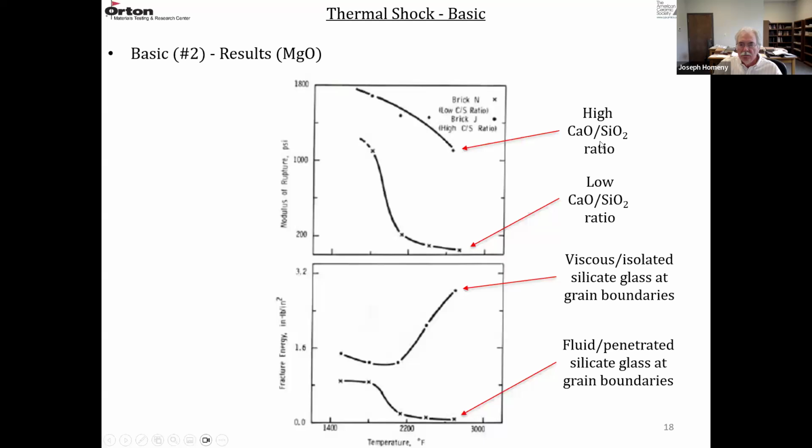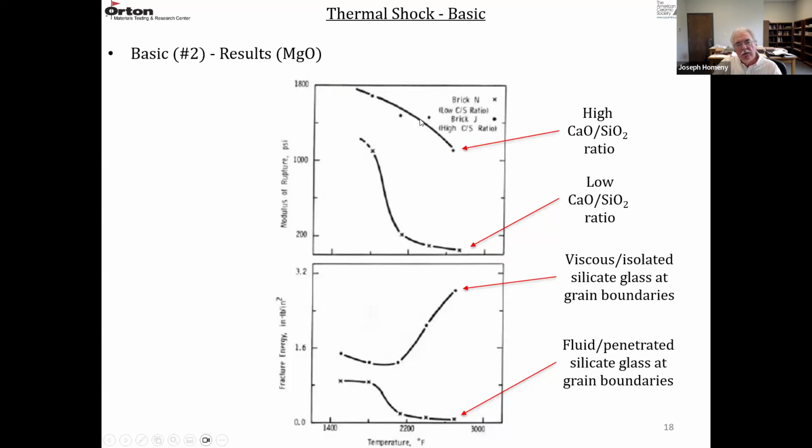There's a ratio of lime to silica that really determines the types of second phases that are present, the minor phases. A high lime to silica ratio has high melting phases. Low lime to silica ratios have low melting phases.